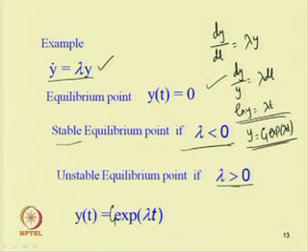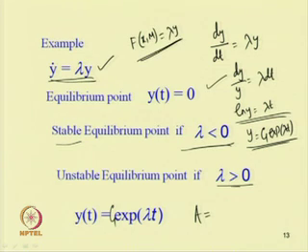So, in this case, if we use our original method, that is y dot equal to f(y), to obtain the A matrix one can find del f by del x. In this case, f equal to lambda y.